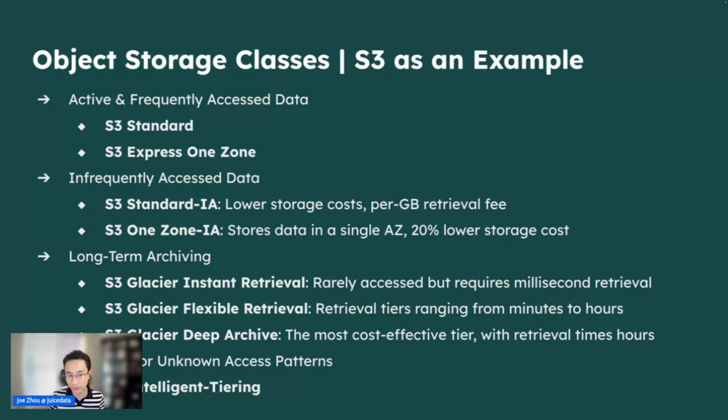So these tiers tend to have much lower storage costs, but when we need to access them, except for the instant retrieval tier, the flexible retrieval and the deep archive, we need to wait for a while. Once the data is written and we want to read it back, maybe even if it was written a second ago, we cannot do that, and we need to restore the data first, and then we continue our reading from that.